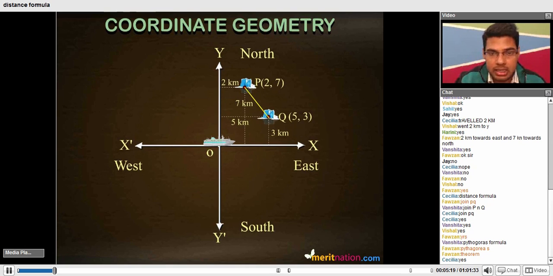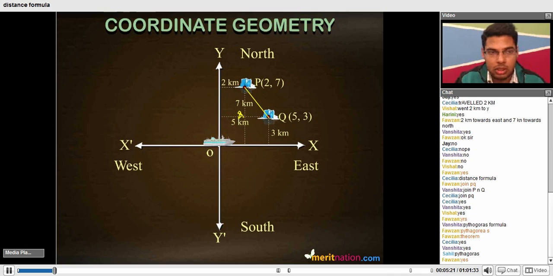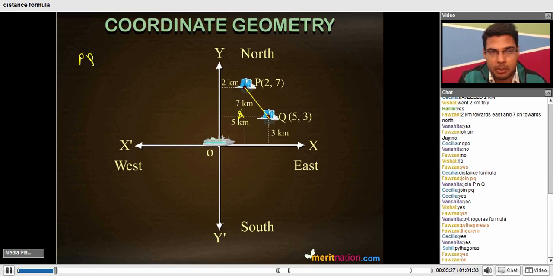So now let us say this point is Q dash. This point is Q dash, right? So can I say simply PQ square equals PQ dash square plus QQ dash square.